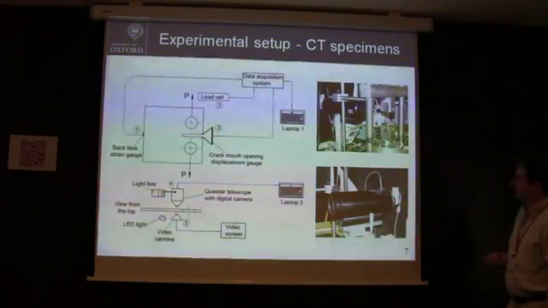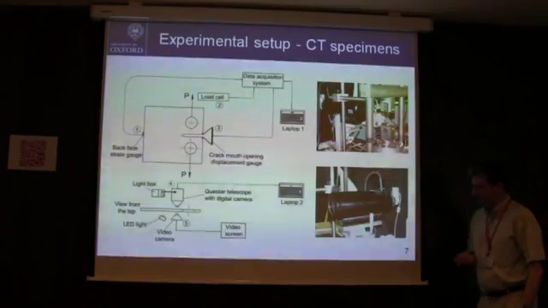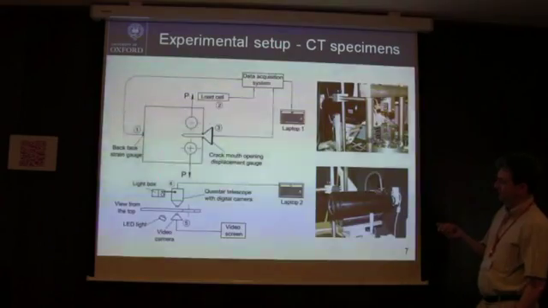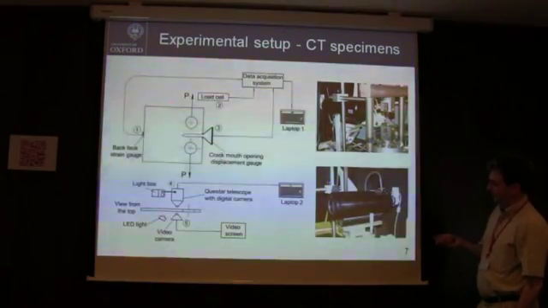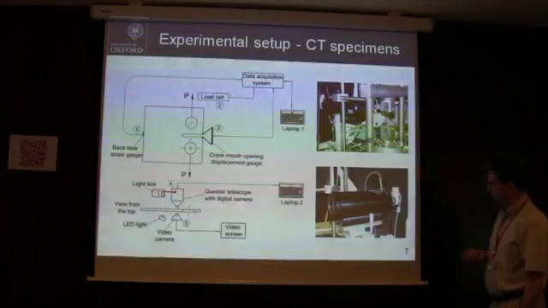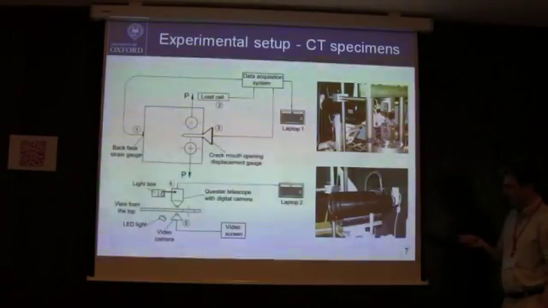It's an interesting kind of experiment. So we have a CT specimen and we have various gauges, and on one side you look at it with a conventional video camera, but on the other side we've got the most extraordinary experimental setup you could think of. It's a set of very expensive optics.